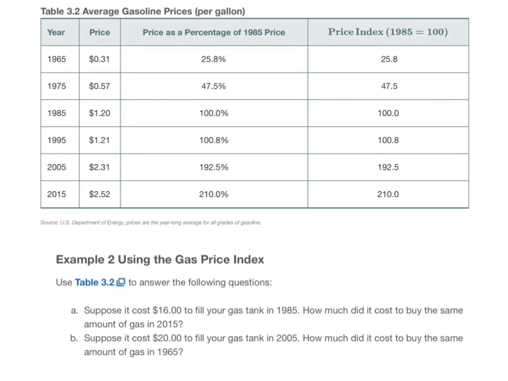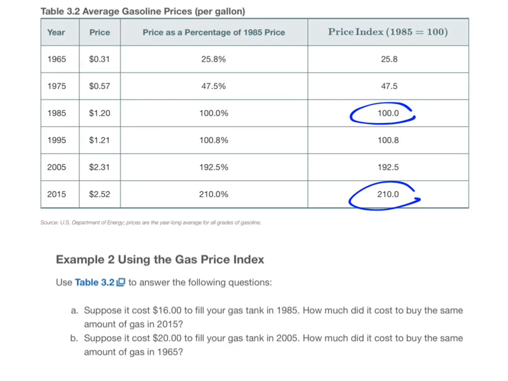So let's use the price index and find the index numbers for 1985, which happens to be the reference value, and the number for 2015 is 210. Let's make a proportion so we can compare. One thing that's nice is to have the thing that's unknown in the numerator of the fraction.